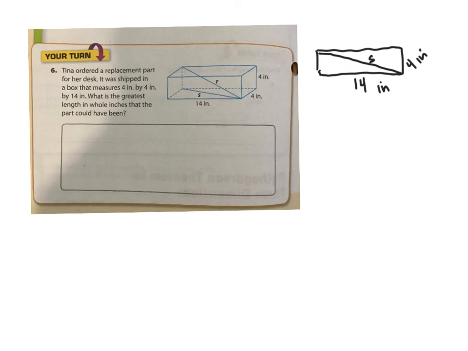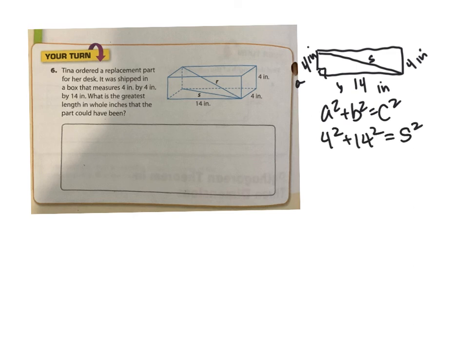So focusing just on this triangle. So let me put this 4 inches over here. A squared plus b squared equals c squared. Let's call this one A, let's call this one B. We have the legs, right? That's a right triangle. We have the legs. 4 squared plus 14 squared equals S squared. We'll change that variable to the variable they have listed for us here.